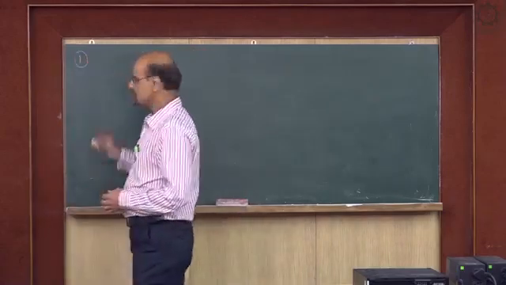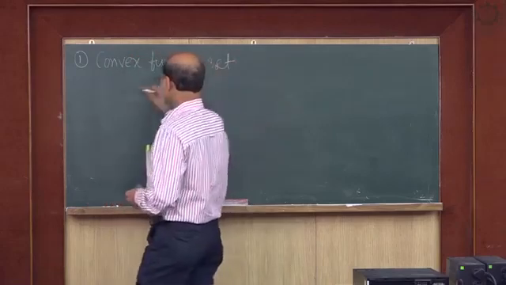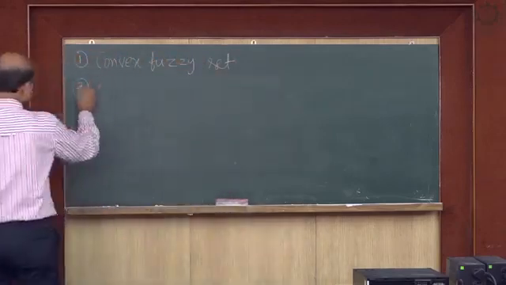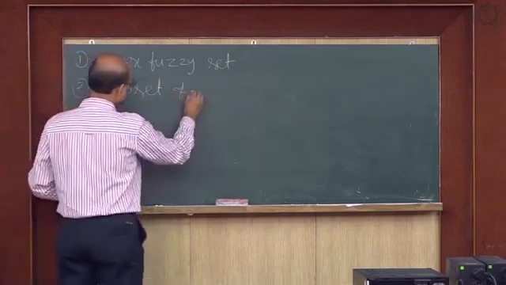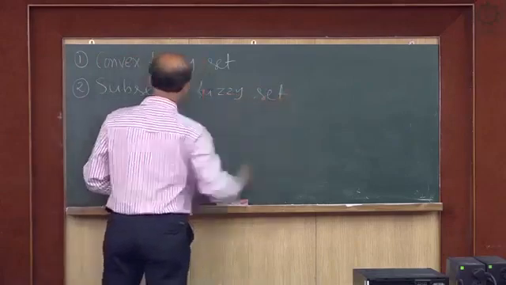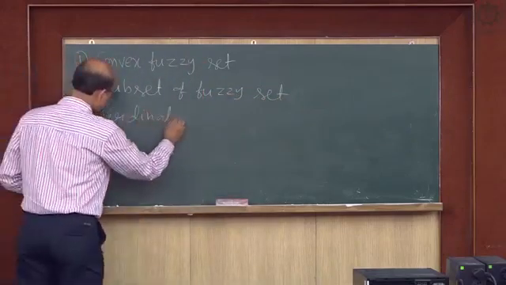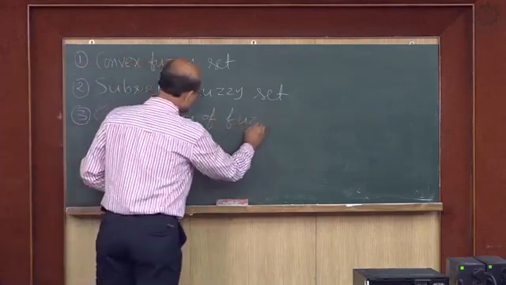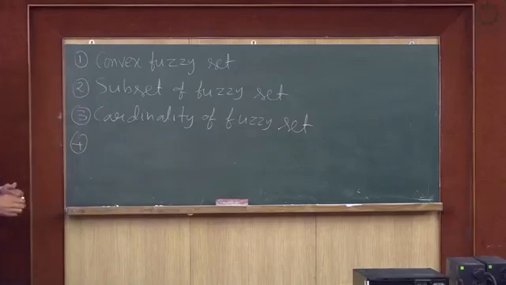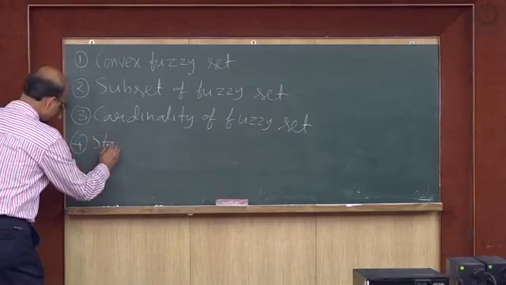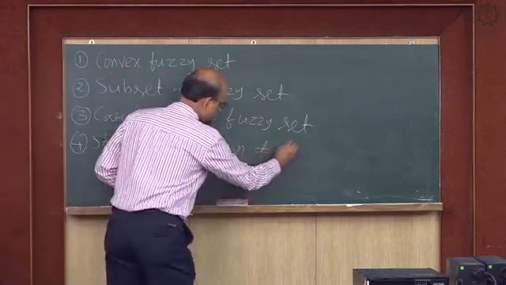Okay. So, today we will do a few things. First is what is a convex fuzzy set, then we will do subset of fuzzy set, next cardinality of fuzzy set, and lastly we will do a few standard operations of fuzzy set.